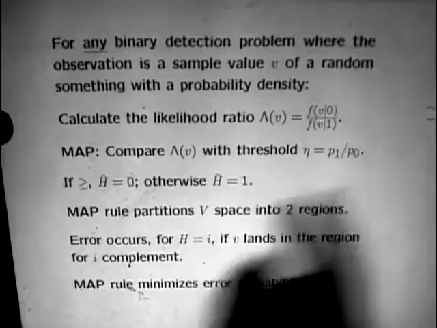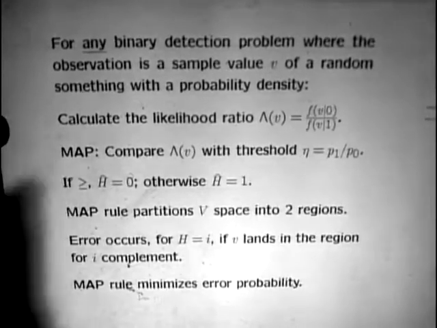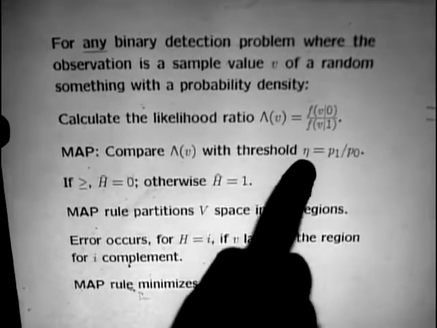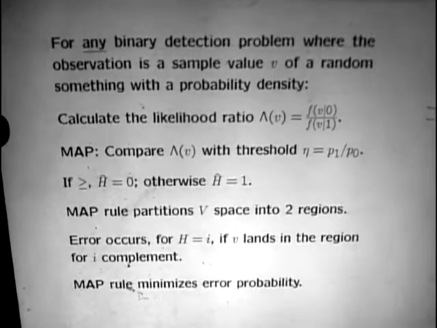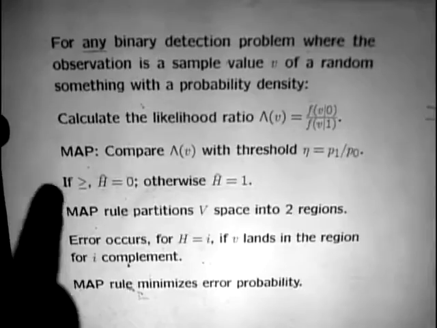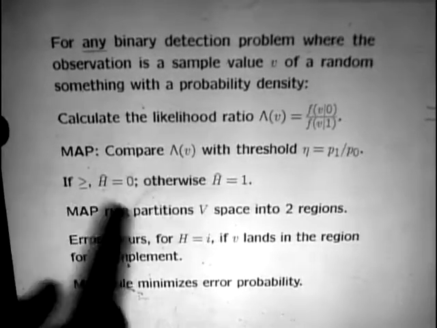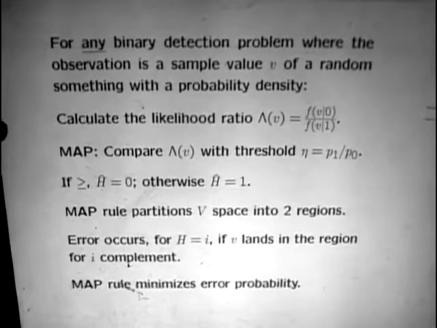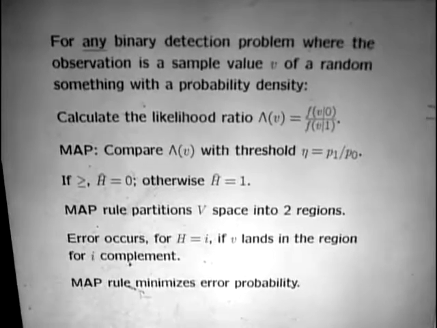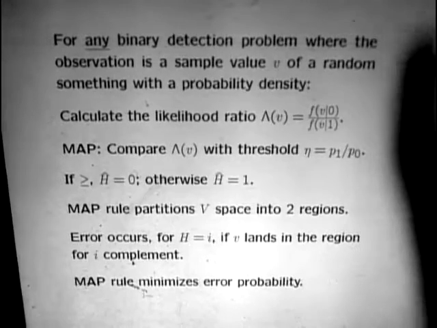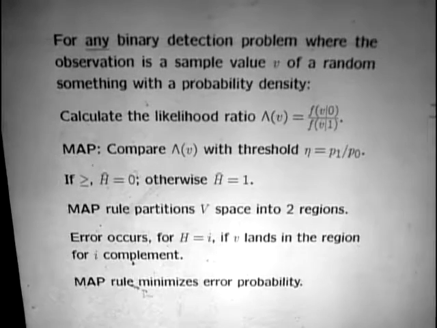The MAP rule is to compare this likelihood ratio with the threshold eta, which is just a ratio of the a priori probabilities. If this is greater than or equal to that, you choose 0. Otherwise, you choose 1.